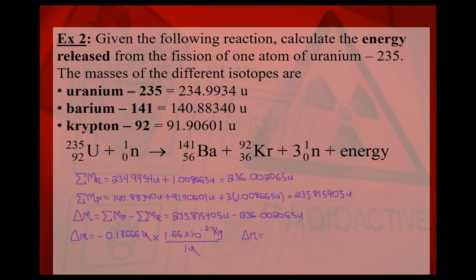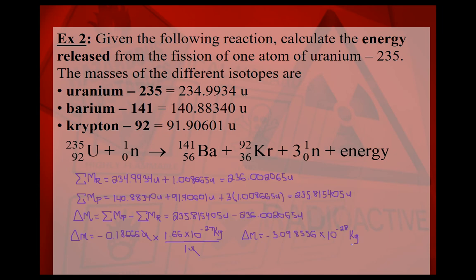Actually, no, let's keep some digits here just because this is not part of the final answer yet. So negative 3.098556 times 10 to the negative 28 kilograms. That is my mass defect.